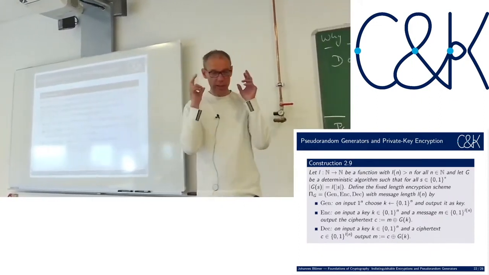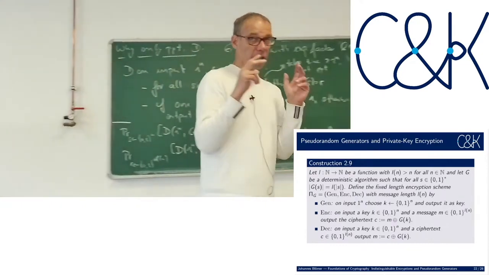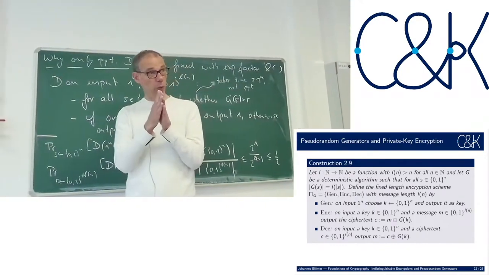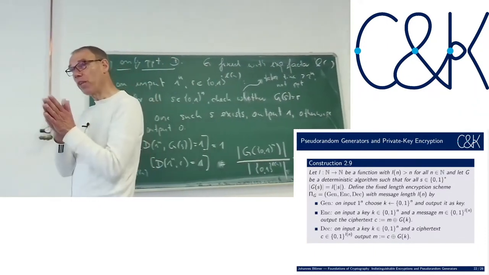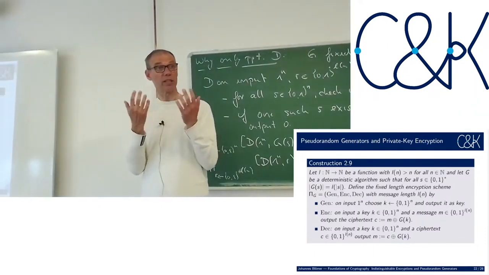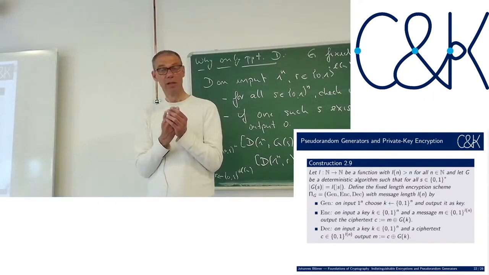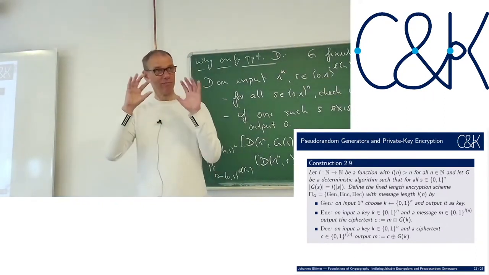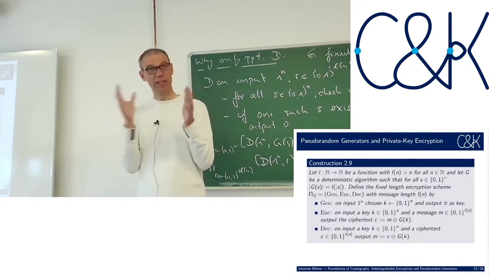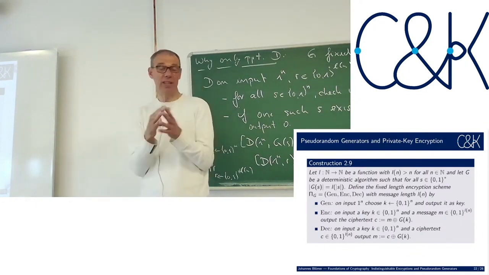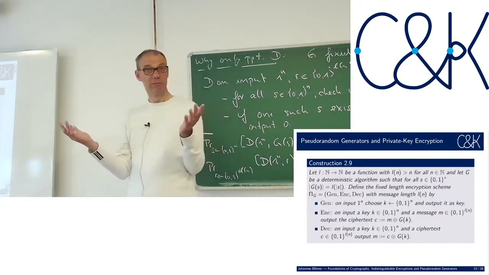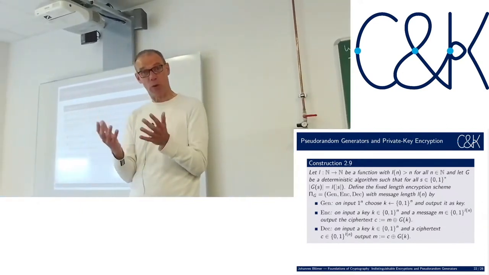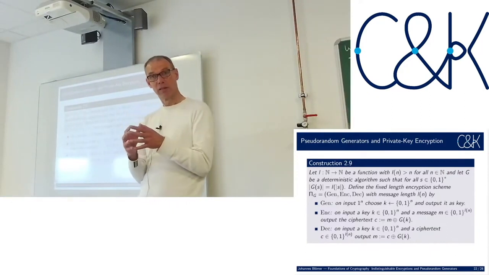This is really an idea that you should keep in mind, something that we often do. We know that something is secure if we use something truly random, so we replace the truly random stuff by something pseudorandom, indistinguishable from random. That should work. If our definition of pseudorandomness makes any sense, that must work.